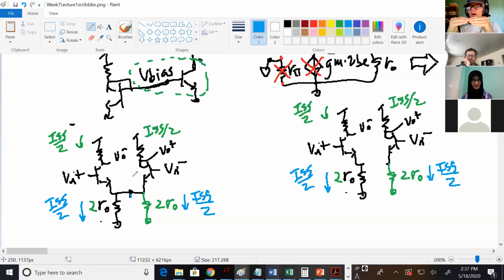We tie Vn plus to Vn minus, and we move it up, and then we'd see what happened to V out plus and V out minus. But we also know that V out plus equals V out minus, just because inputs are the same, emitter down here is the same, resistors are the same. So if you tie Vn plus together and move them, V out plus and V out minus will move exactly the same too. Is that okay?